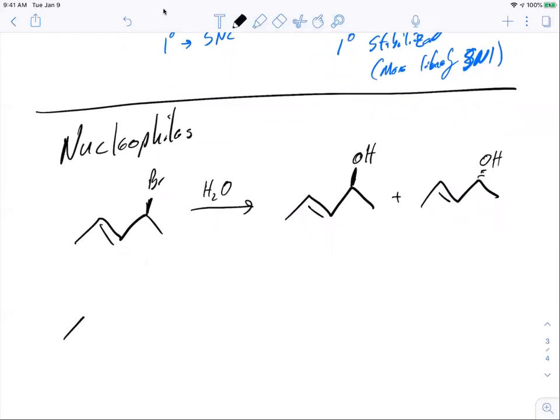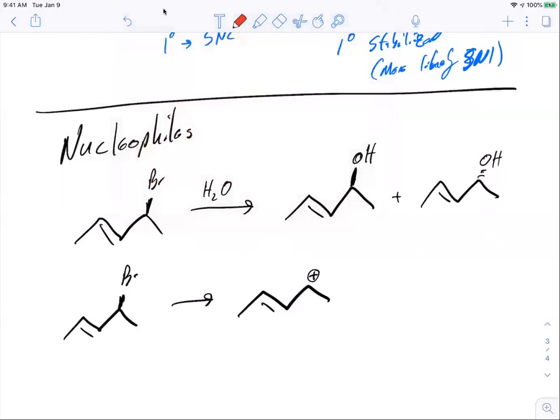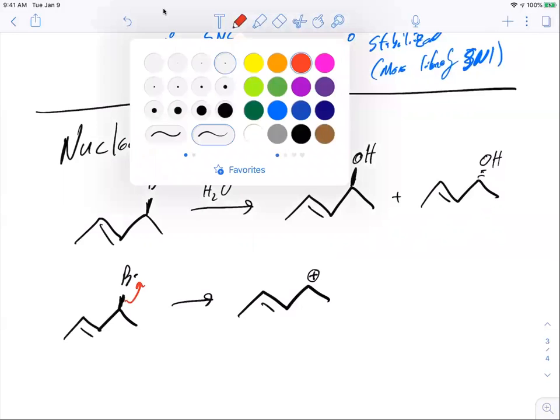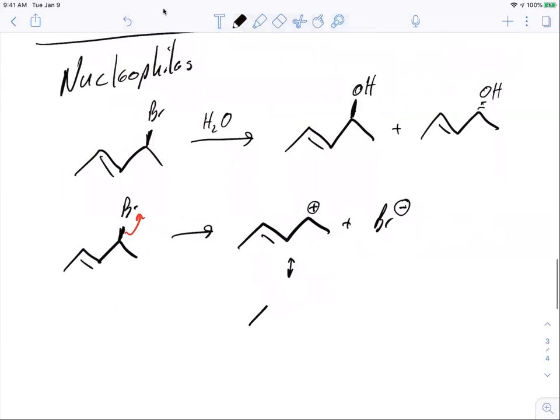That's because the first step is the separation of the leaving group. So first step is the bromide leaving. This is going to be a stabilized carbocation. This is the same substrate we looked up at the example.